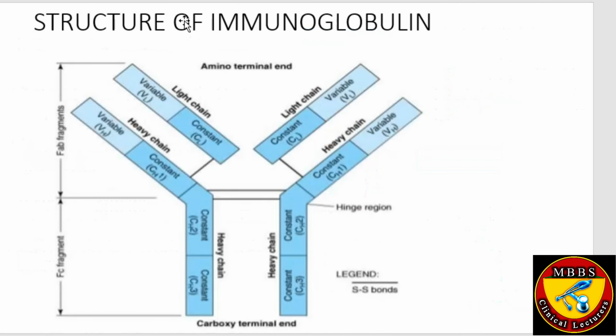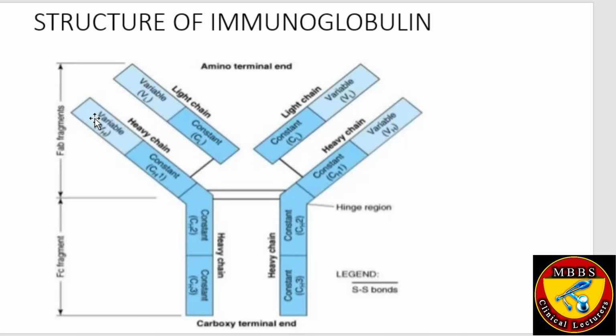Now come to the structure of the immunoglobulin, or the structure of the antibody. This is the structure of immunoglobulin G, and it is Y-shaped. The molecule consists of 2 light chains and 2 heavy chains.